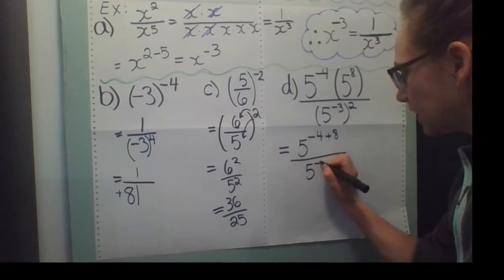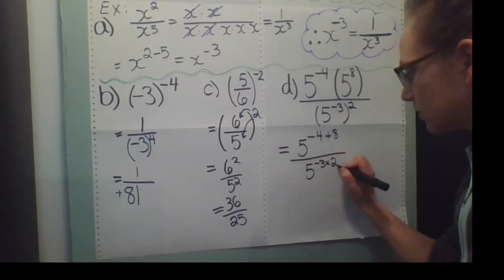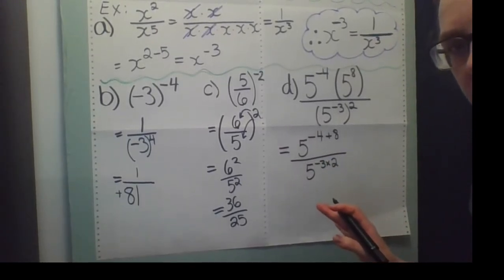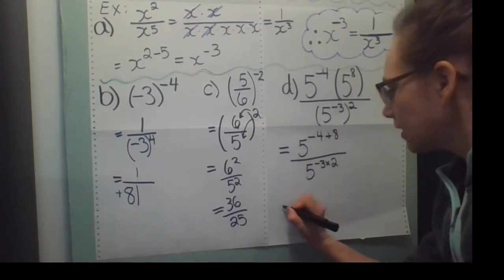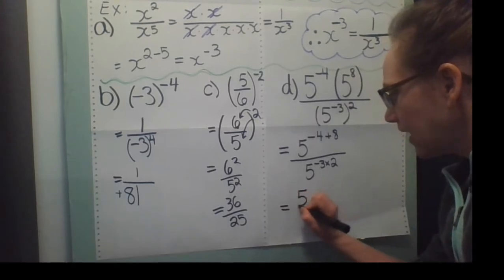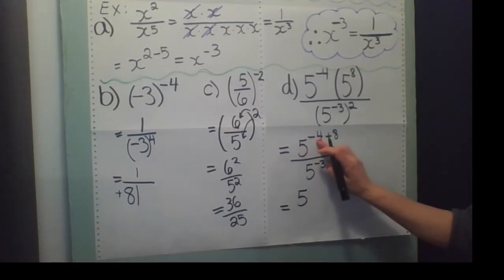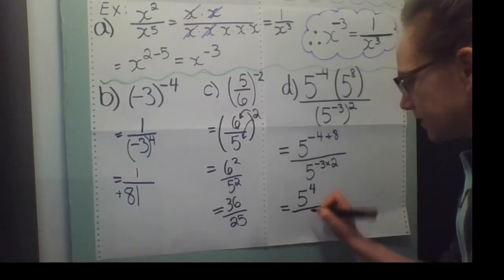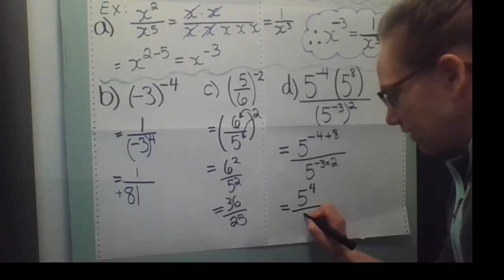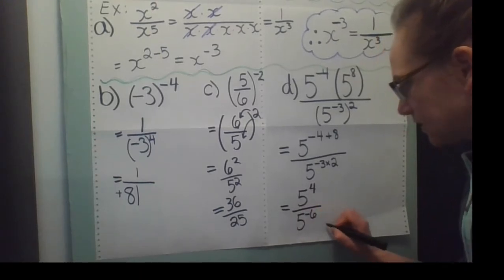So you get 5 to the negative 3 times 2. I'm going to simplify using my rules first before worrying about negatives, because sometimes the negative disappears. So let's see if that happens here. I end up with 5 to the exponent negative 4 plus 8, which gives me a positive 4. The denominator becomes 5 to the exponent negative 6.